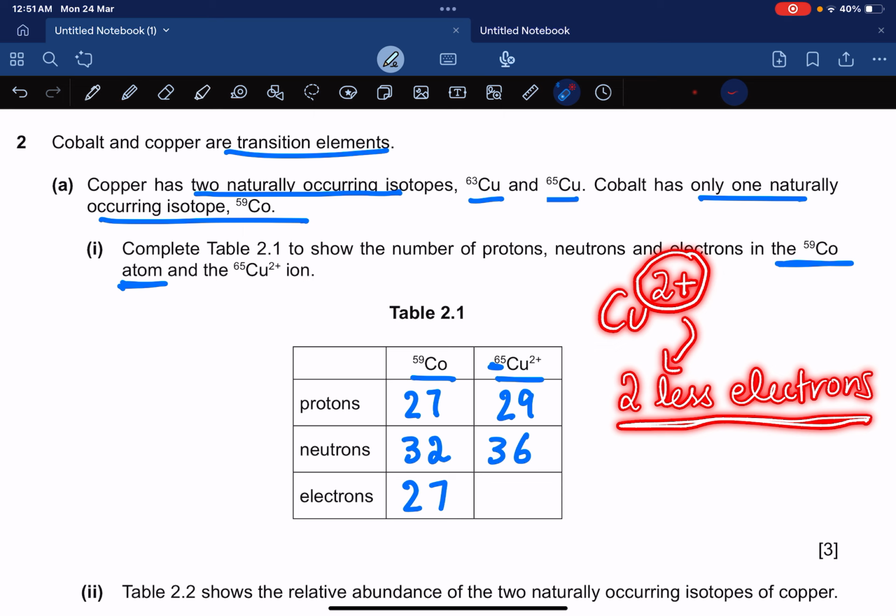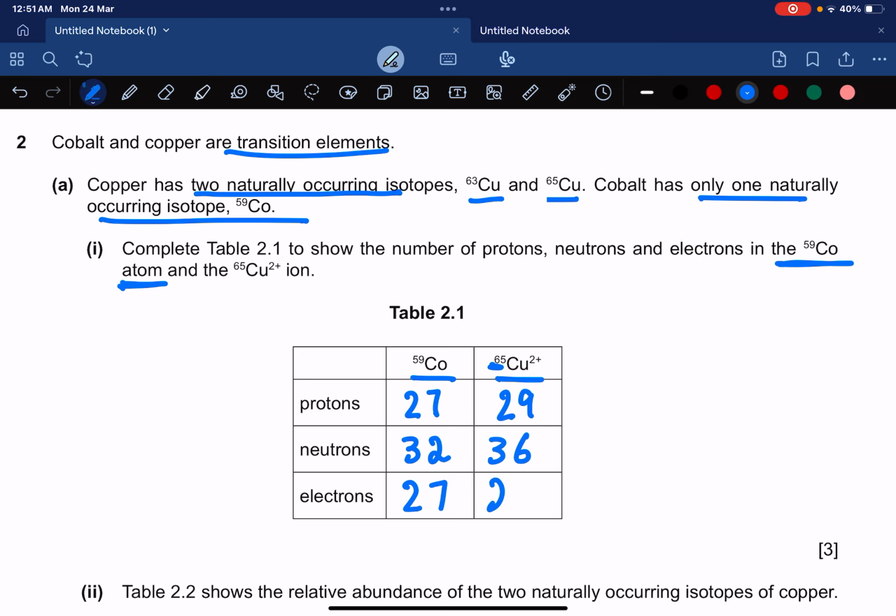Basically, if you had a charge of 2 negative, that would mean 2 more electrons, but 2+ means 2 fewer electrons. So if the proton number is 29, the electron number is going to be 29 minus 2. You have 2 fewer electrons than protons, giving you a charge of 2+. So 29 minus 2 is going to give you 27 right here.